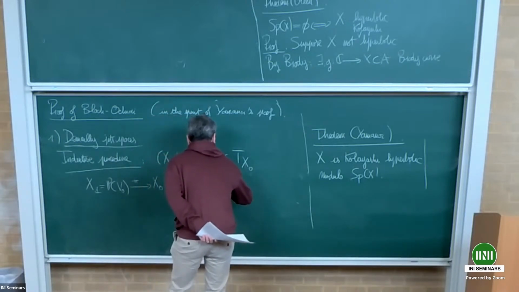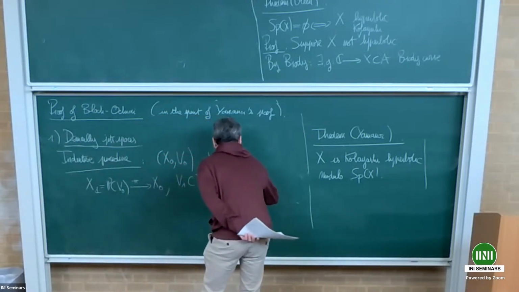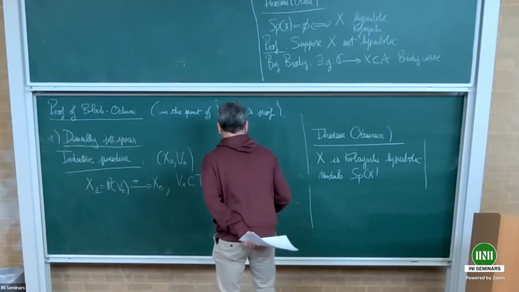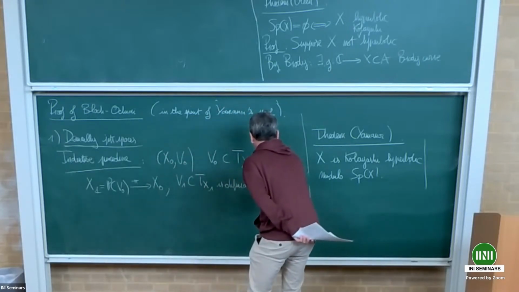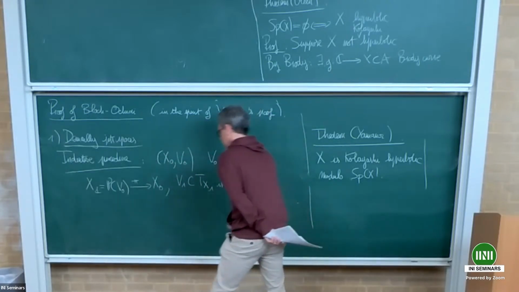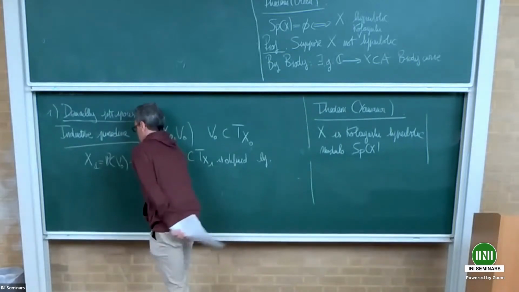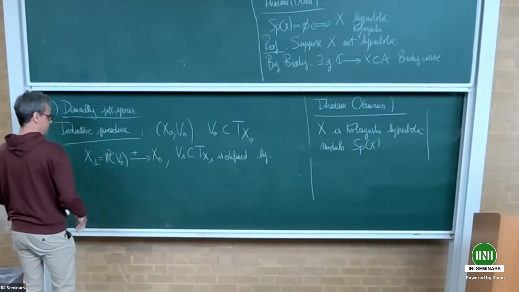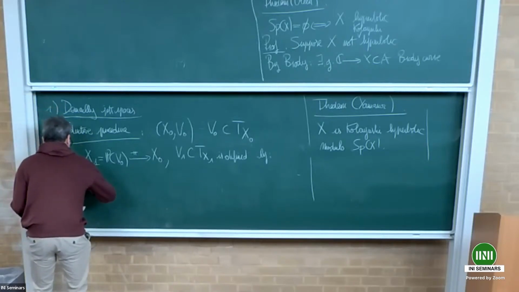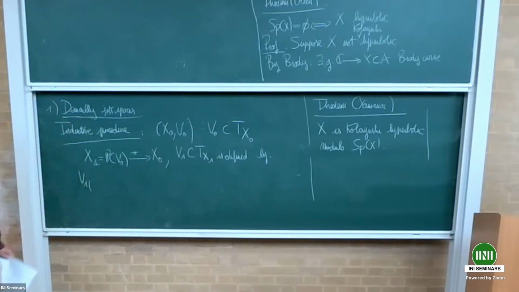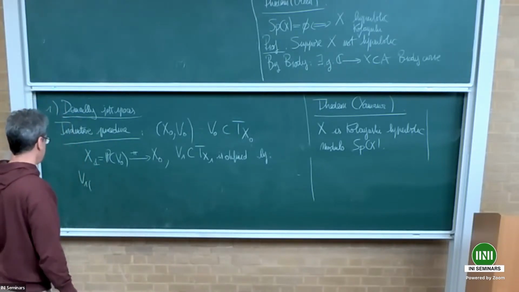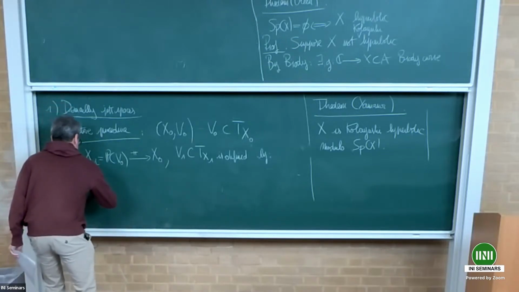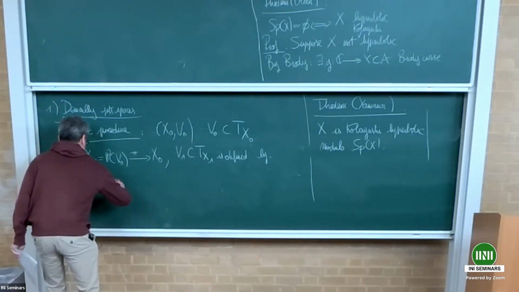This is defined by the following procedure; I will give you the fiber. A point in X1 is a point in X and a direction.